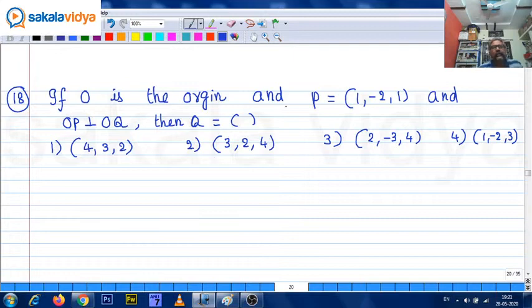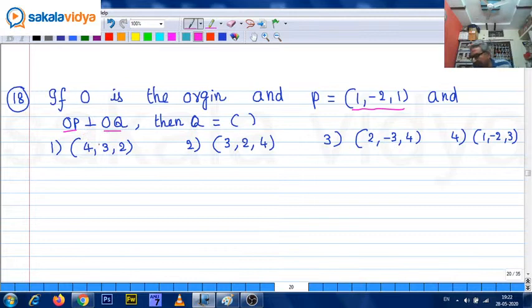See, O is the origin and P is equal to 1 comma minus 2 comma 1, and OP is perpendicular to OQ. Then we need to find out Q coordinates, so options are to be checked. O is the origin, so 1 comma minus 2 comma 1 becomes the direction ratios of the OP line, and Q coordinates become the direction ratios of OQ.